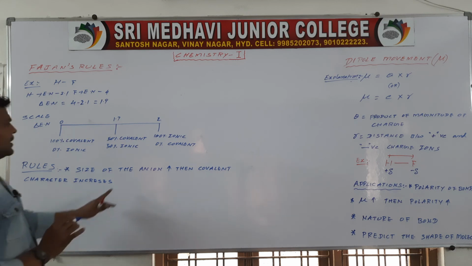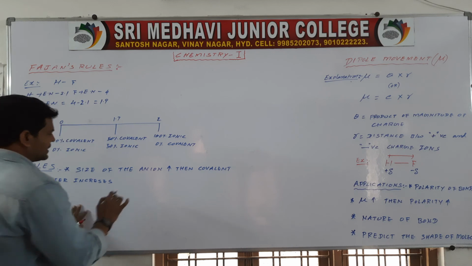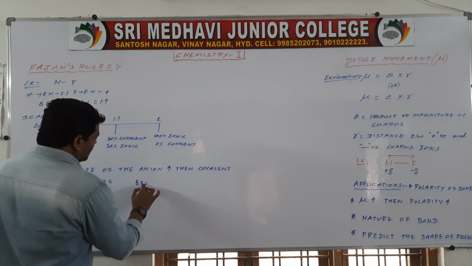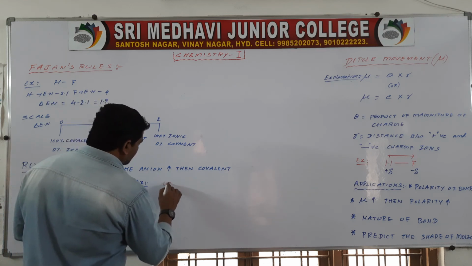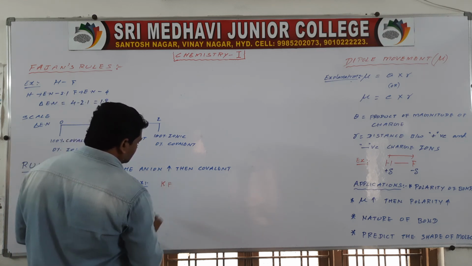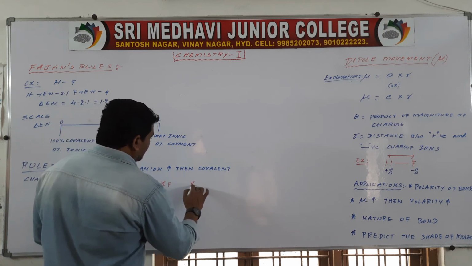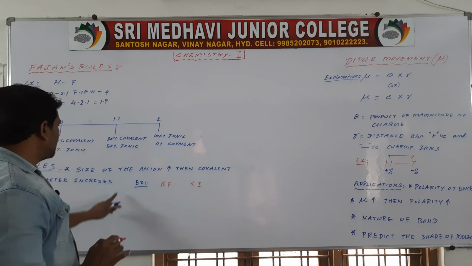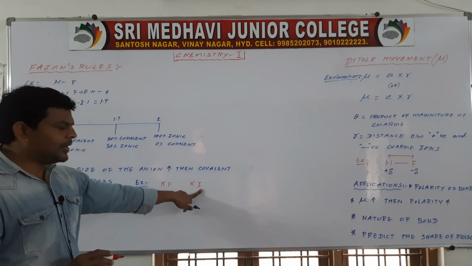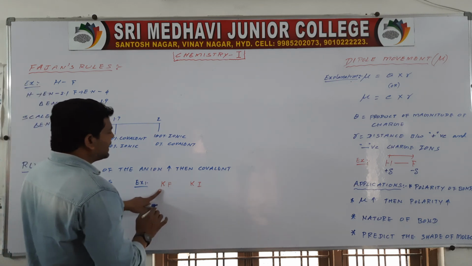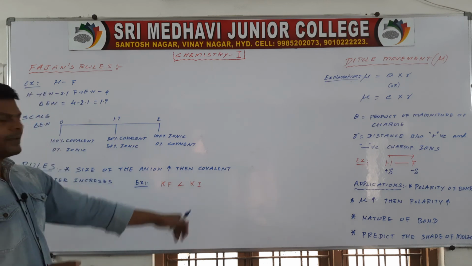Okay, size of the anion increases, then covalent character increases. For example, KF and KI. So anion fluorine and iodine, which is high size iodine. So covalent character of KF is less than covalent character of KI.